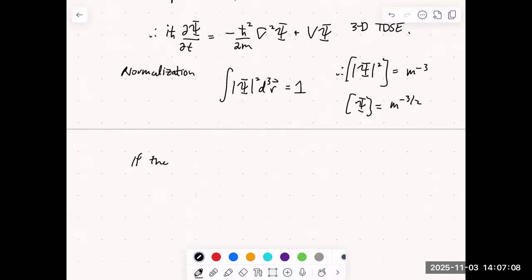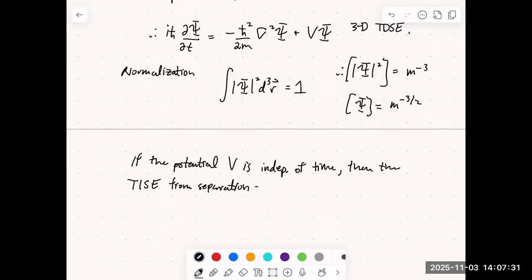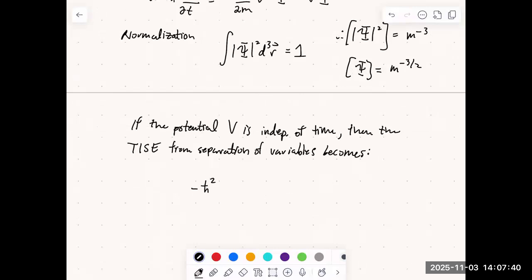So if the potential V is independent of time, then the time-independent Schrodinger equation from separation of variables becomes, okay, minus h bar squared over 2m Laplacian acting on psi, which is now only a function of position.